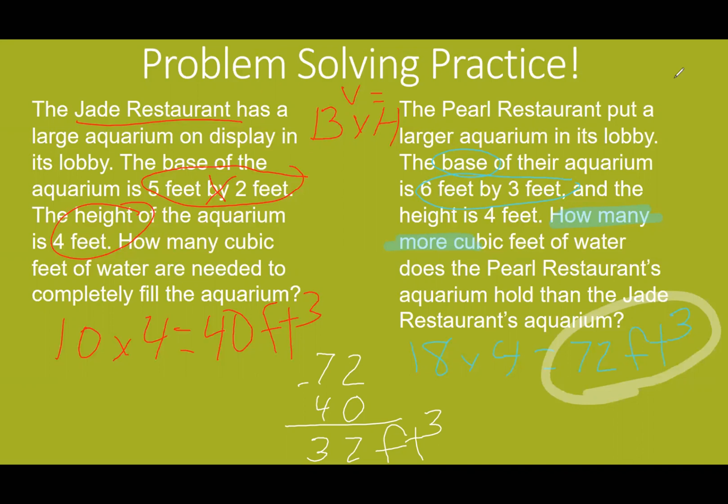If you got them wrong, then I suggest you watch this video again, practice some other things. What you can do is at your house, grab a ruler, grab a tape measure, find a box, measure it, try and find the volume, and then you can use a calculator to check your answers. That's a really cool way to practice this.